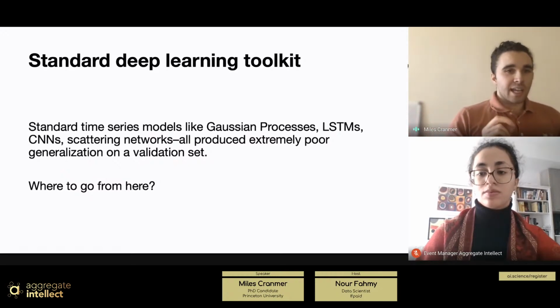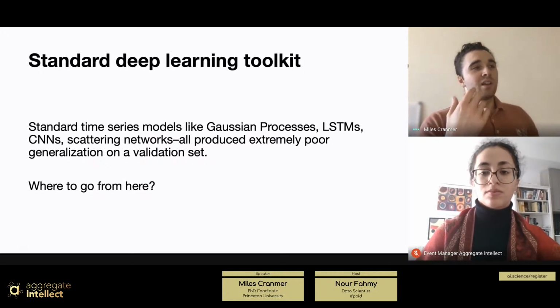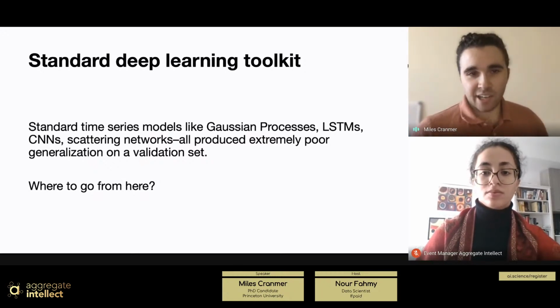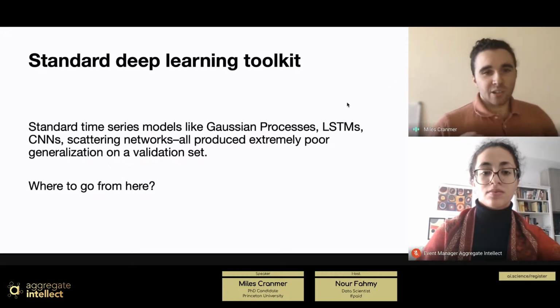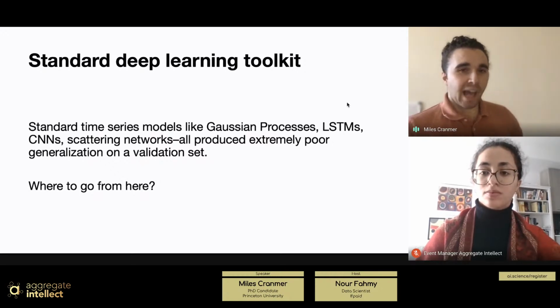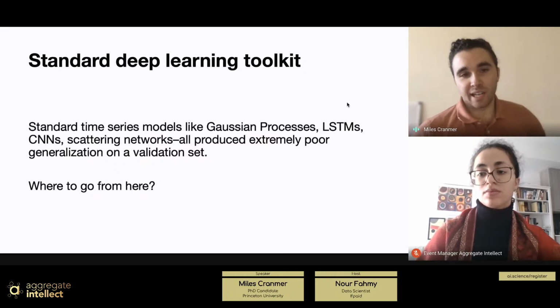Now, one of the issues is standard time series models, like Gaussian processes, LSTMs, CNNs, even scattering networks. We tried many different models, but they all had really bad generalization on a validation data set.